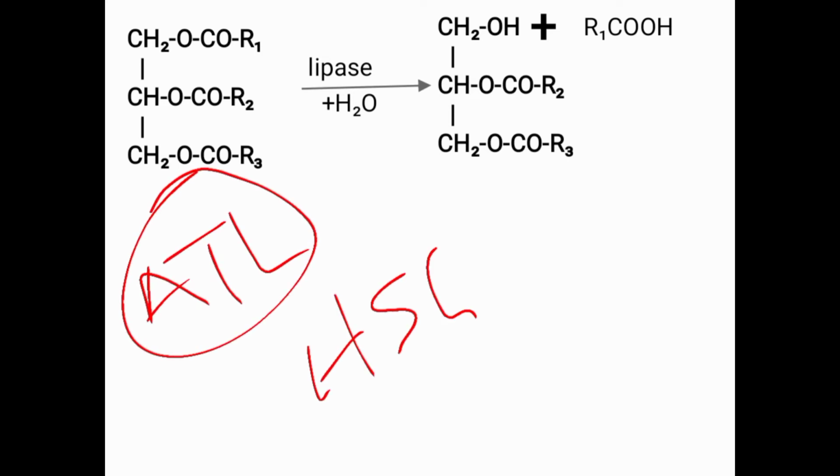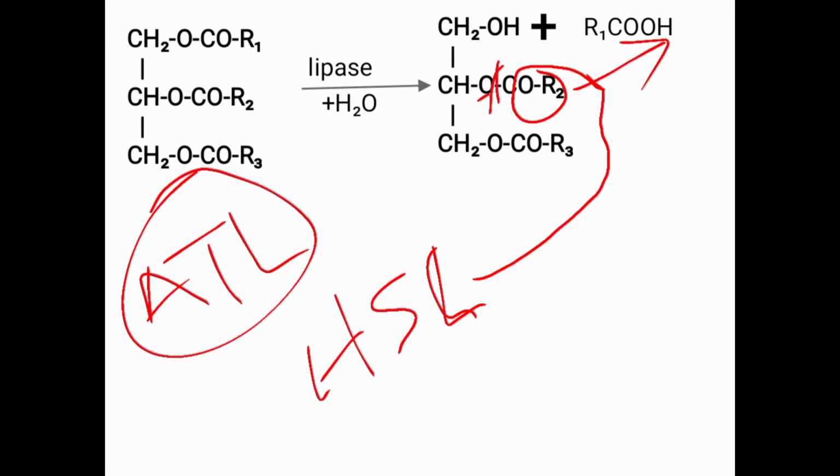Remember I told you that it has high affinity for diacylglycerol or diglycerides. So when it acts on this diacylglycerol, the same thing, add hydroxyl group, you form fatty acid, then add hydrogen, you have OH. If monoacylglycerol comes, it has high affinity for monoacylglycerol.